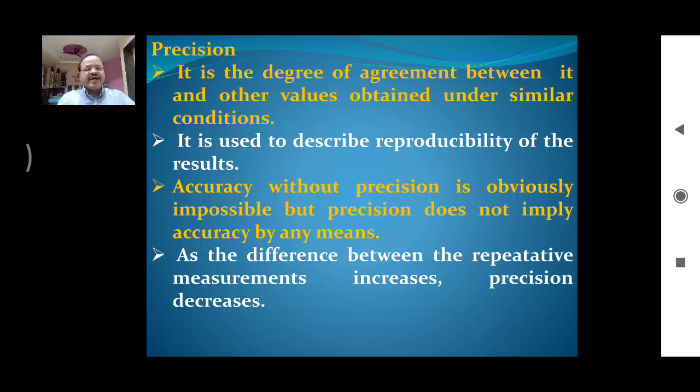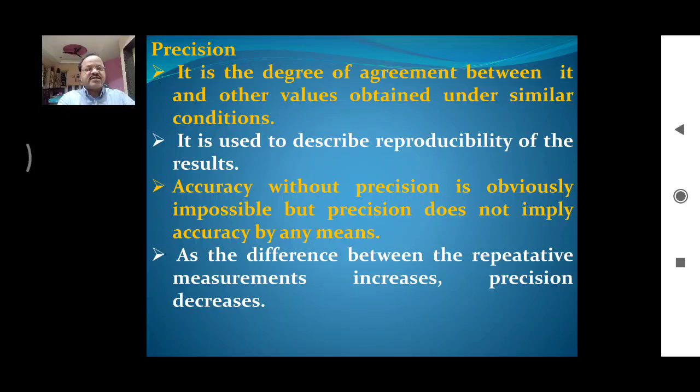If we want to get the reading near to the true value, we have to take care of precision. We have to take the readings precisely. So precision will give you the accuracy in the measurement, but the second part: precision does not imply accuracy by any means.